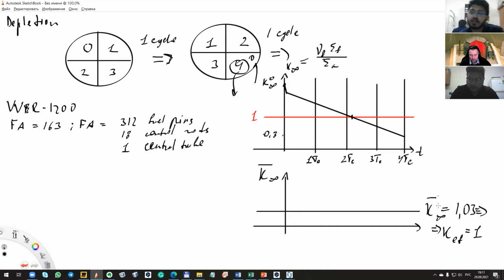Understand? Yes. So the cell program, like Gitera, calculates K-infinity, and we need to take some for leakage. But in the case of Gitera, 1.03 gives the best results. So 1.03 means the multiplication factor equals 1.